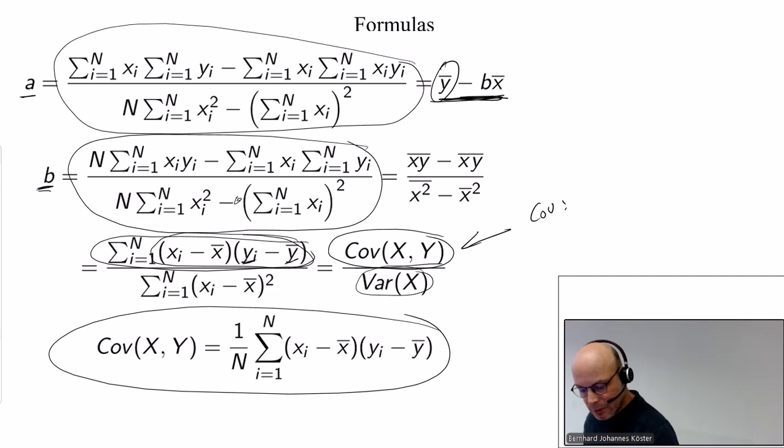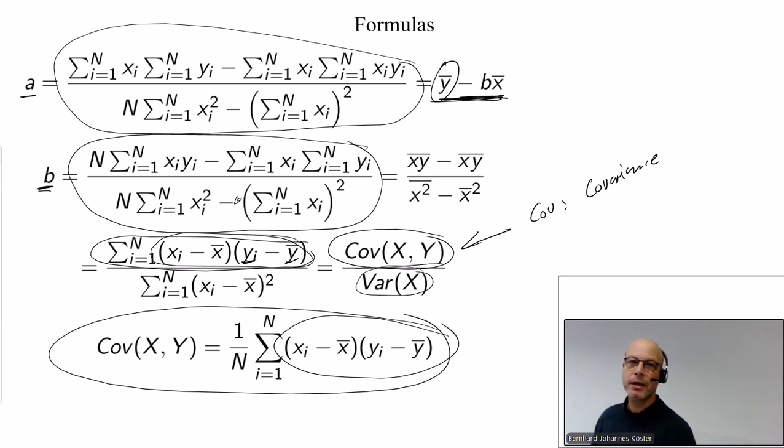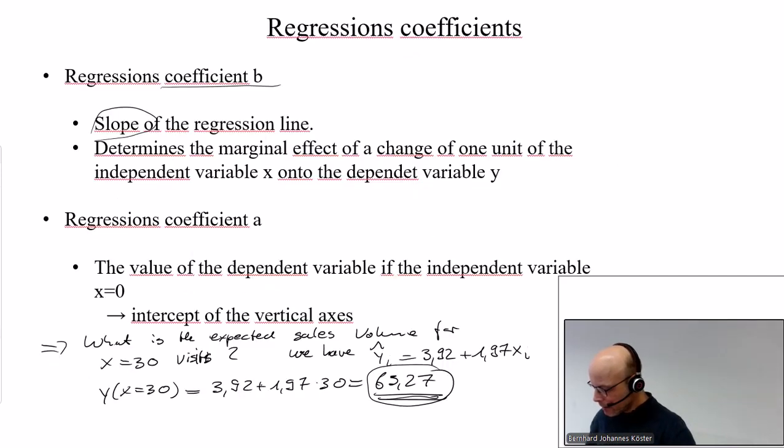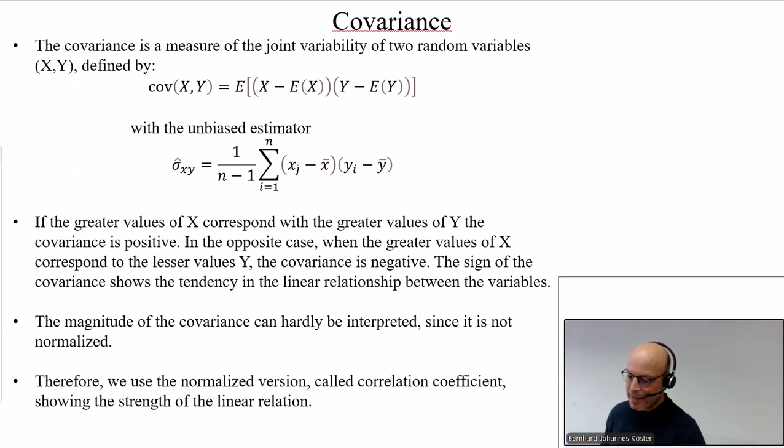COV means covariance, which was defined as the product of the two distances, now without a square and without an absolute value, and divided by n. And here we have it again.